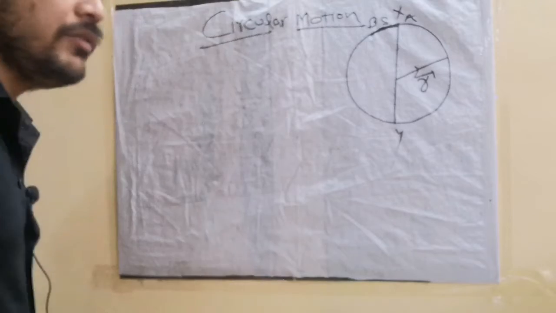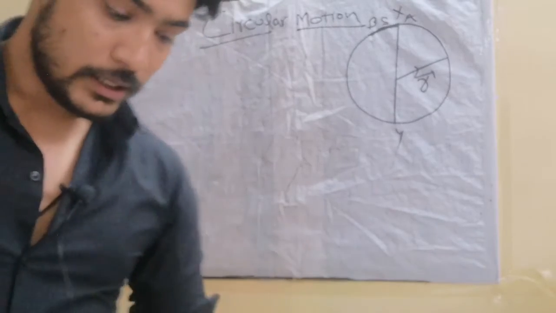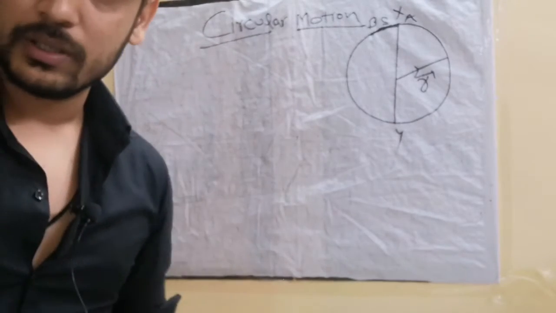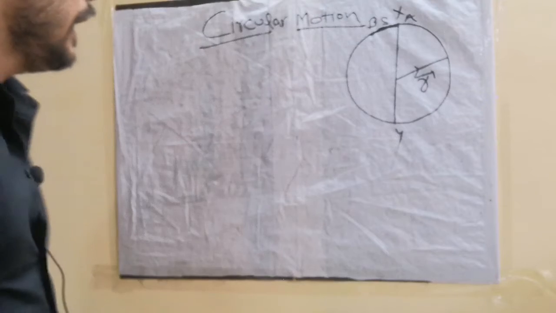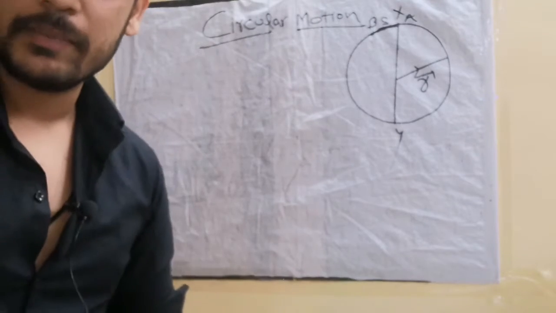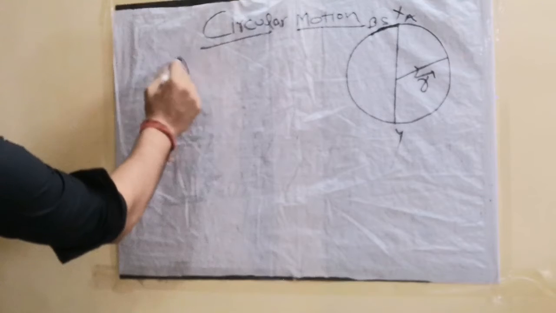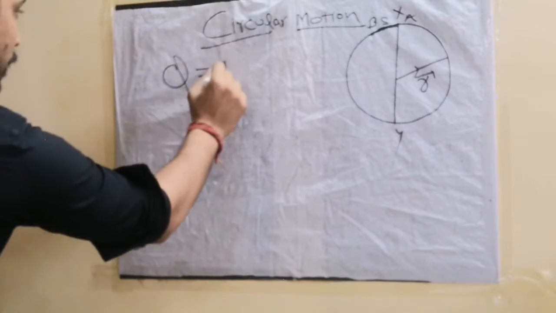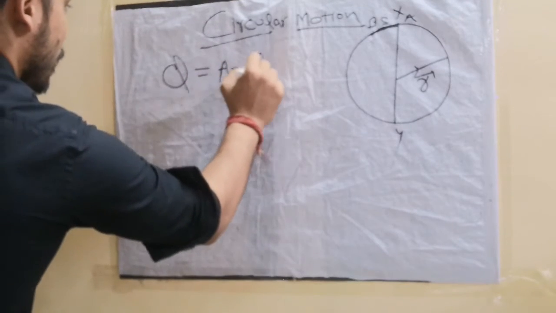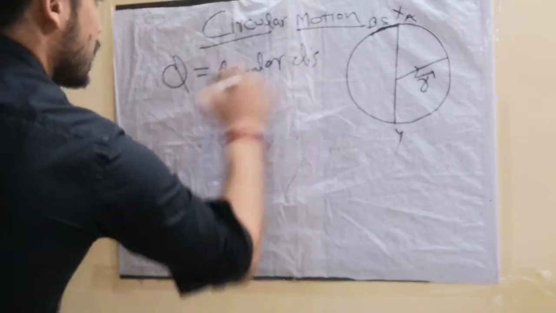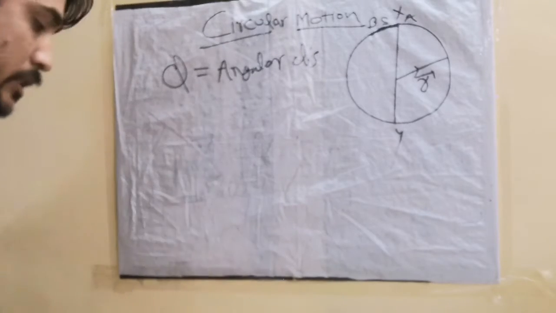Whenever we talk about circular motion, whenever there is a motion, there will be displacement. In linear motion there is linear displacement, in angular motion there is angular displacement, that is called theta. So what is angular displacement?